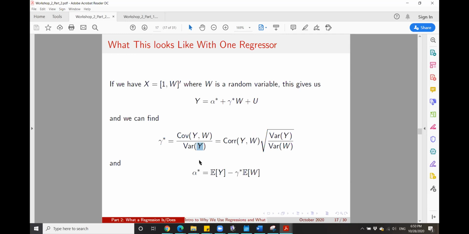And then the constant should basically be the difference in the means, the mean of y minus the slope times the other mean. So what this alpha star means is that it's equivalent if you demean all your variables first and then rerun the regression; it won't affect your actual values. And remember, this is supposed to be a W.